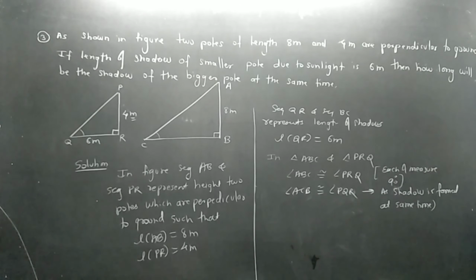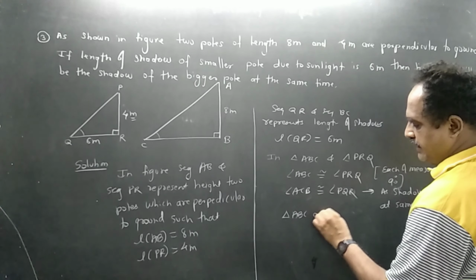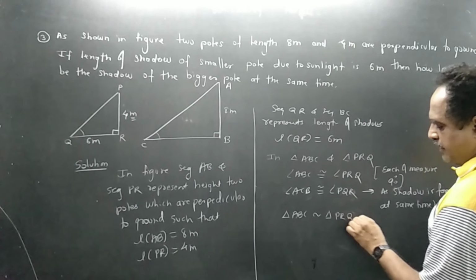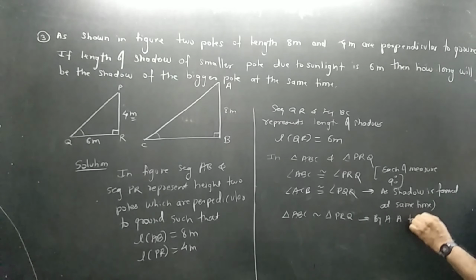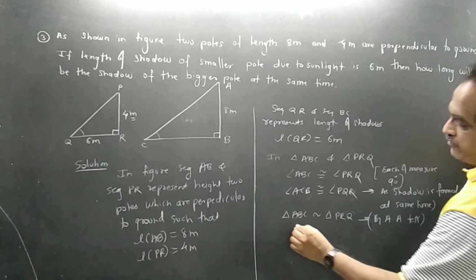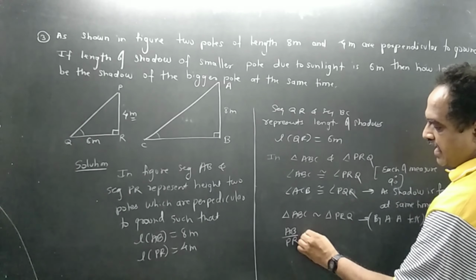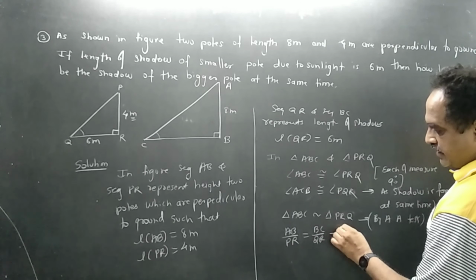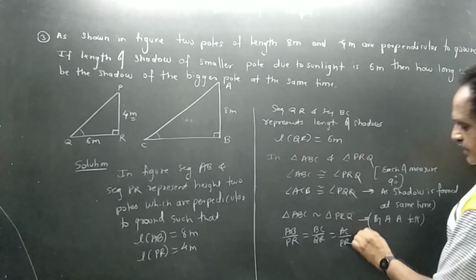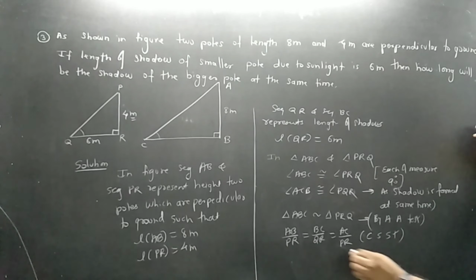As two angles are congruent to each other, I can say that triangle ABC is similar to triangle PRQ by AA test. You got it? Now, as these are there, what can I write then? AB upon PR is equal to BC upon QR is equal to AC upon PR. The result is CSSP.